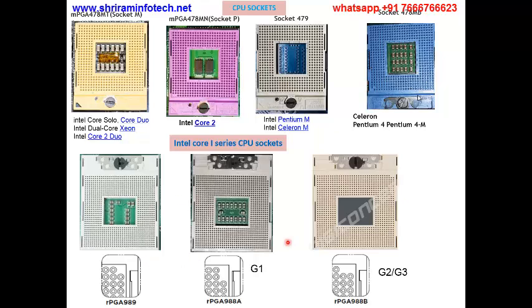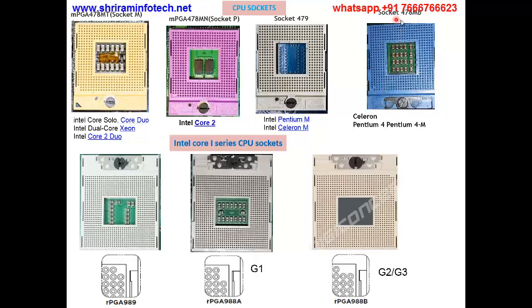For the Core 2 Duo, this is called the 478 MB. It's a blue type of socket. It has 478 pins, and 2 pins are missing here. This is called the 478 MB socket.